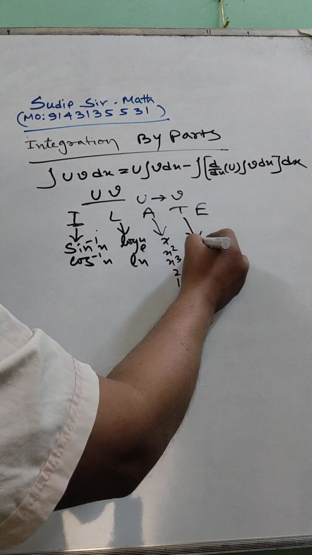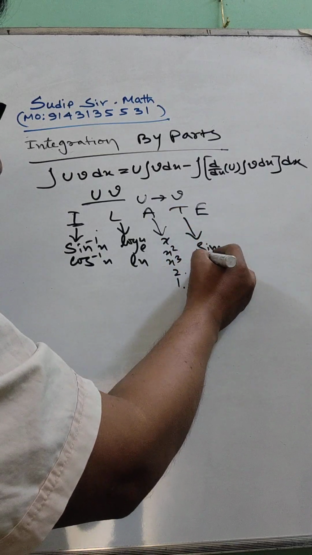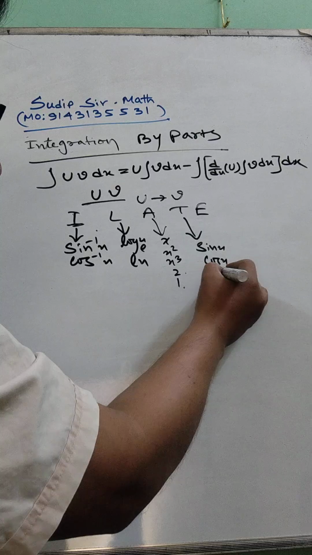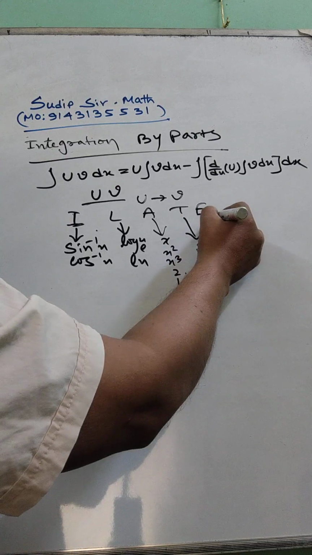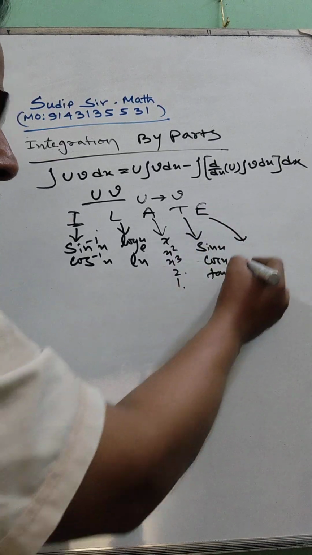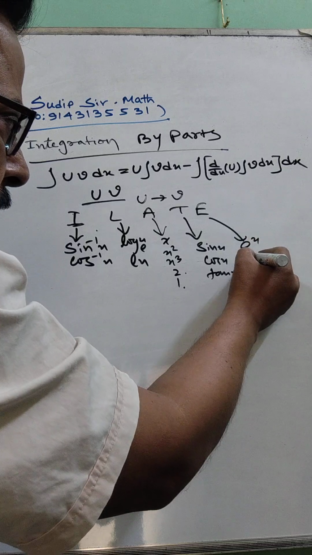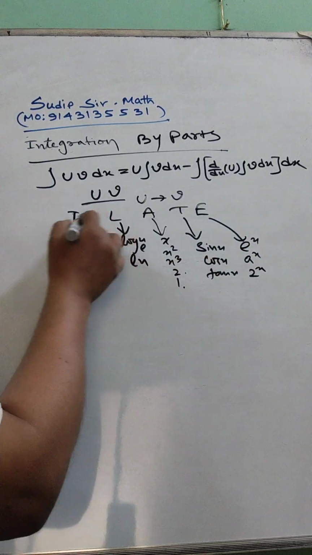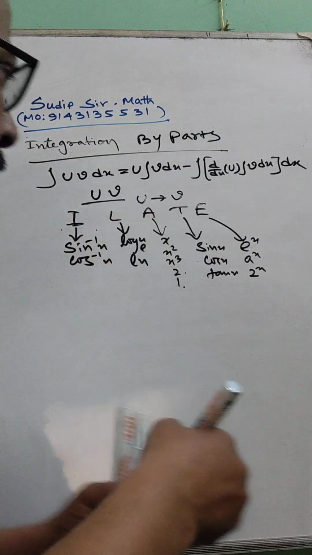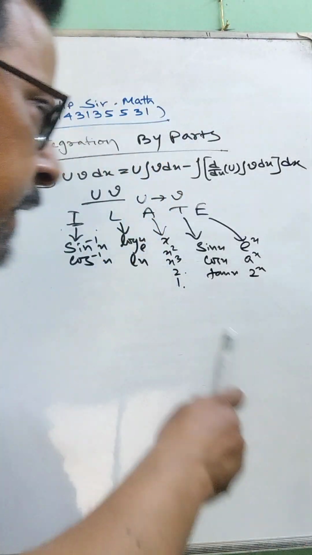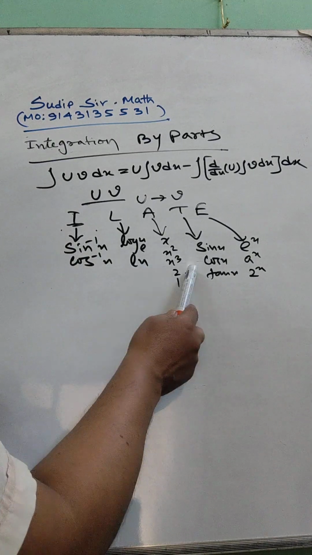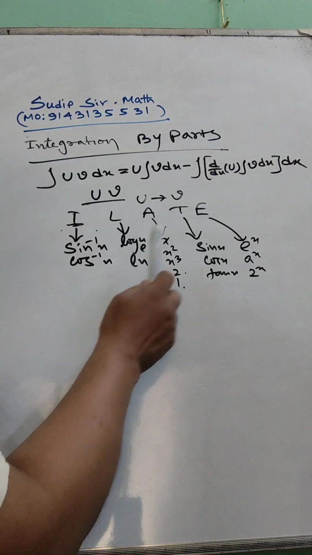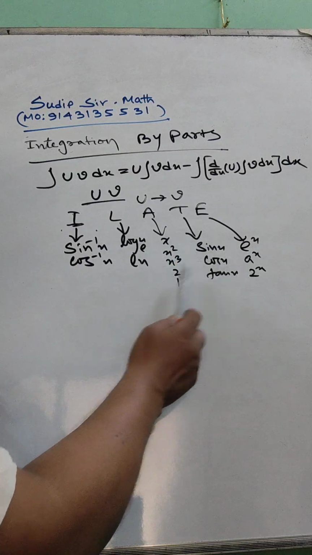Then trigonometric function, sin x, cos x, tan x, etc. And exponential function, e to the power x, a to the power x, 2 to the power x. So for ILATE, the first part will be U and the second part will be V.